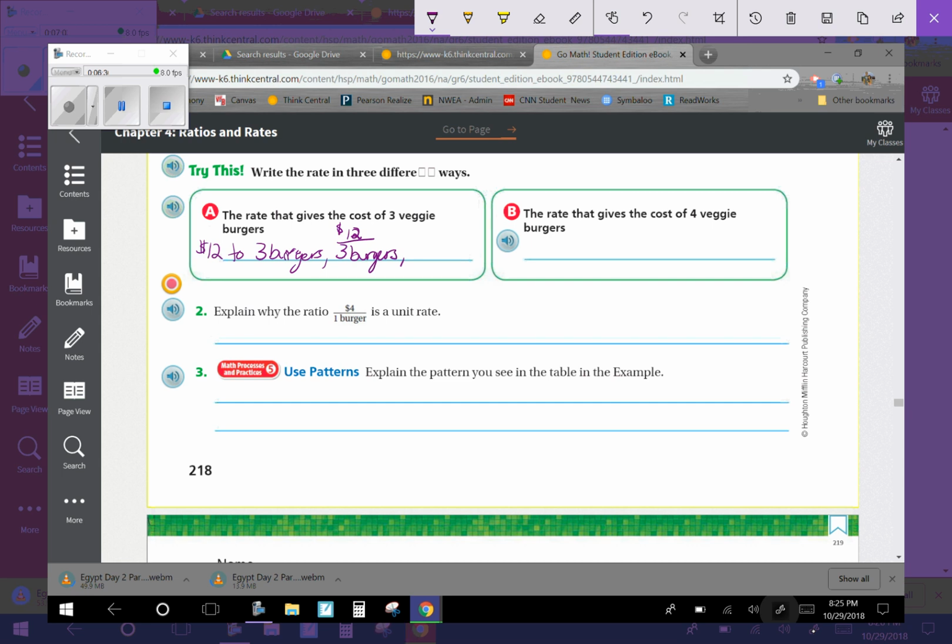And you could write that also as $12 over 3 burgers, or $12 colon 3 burgers.